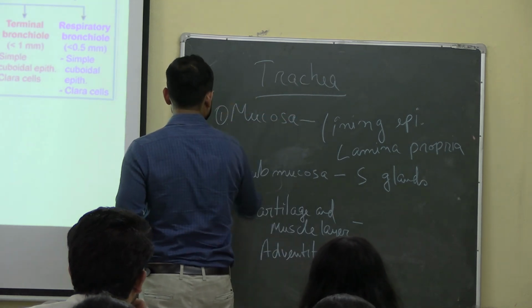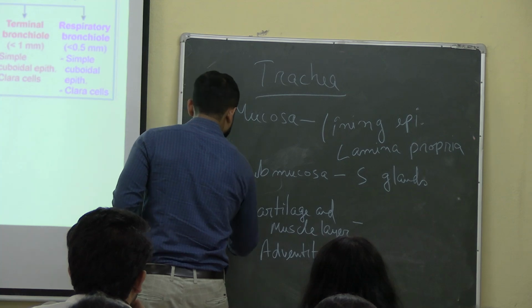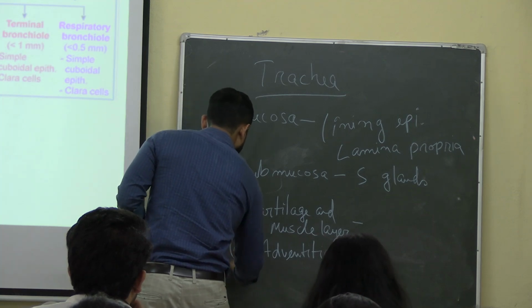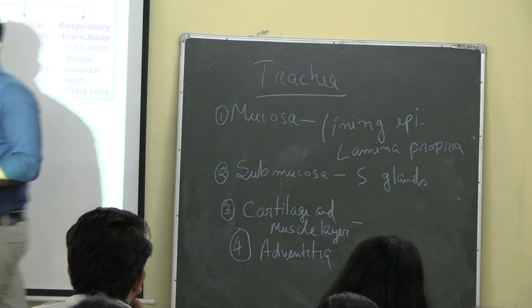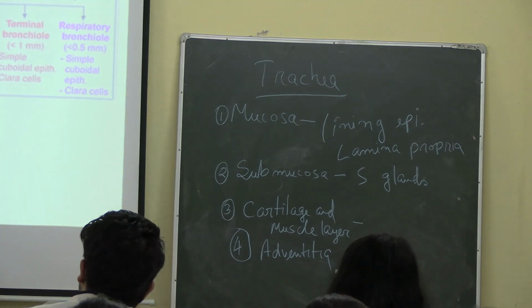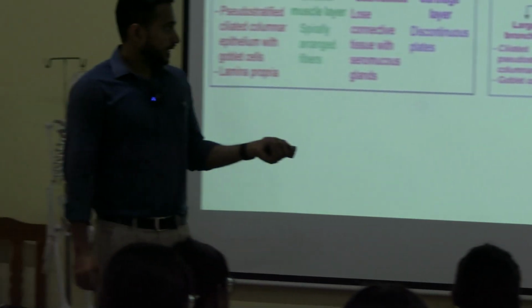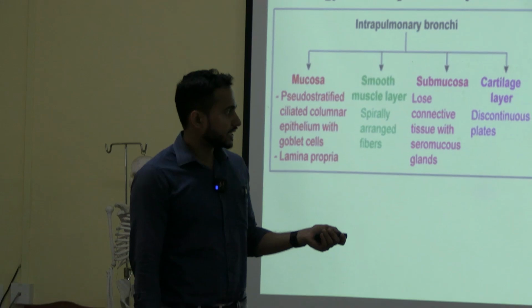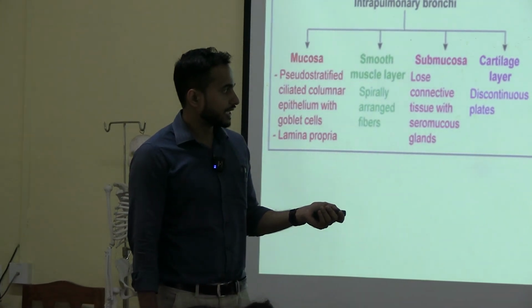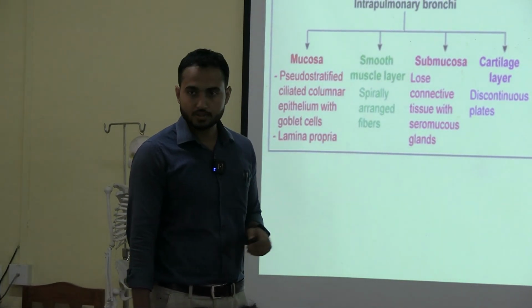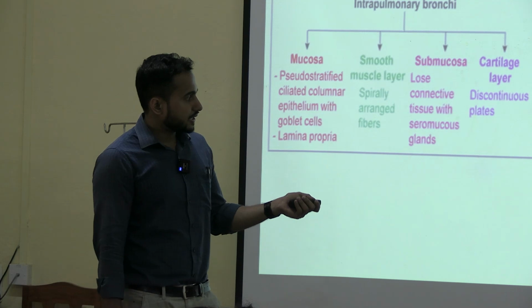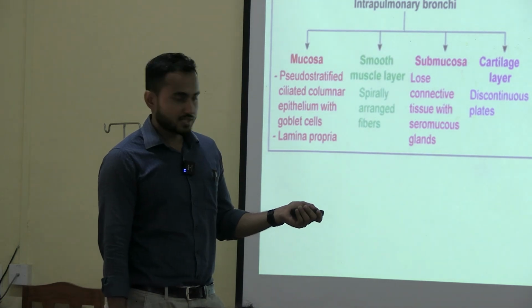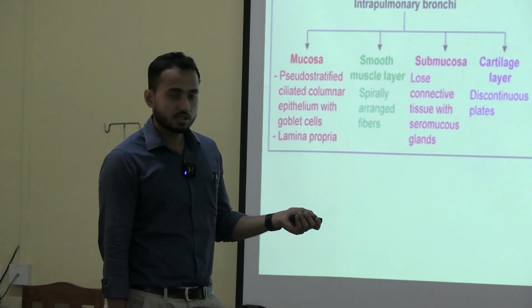These are the layers which we discussed earlier in the last class, right? So in case of trachea, first mucosa is there, where we get the lining epithelium and lamina propria. Next, the submucosal glands are there, followed by the cartilage and muscle layer.